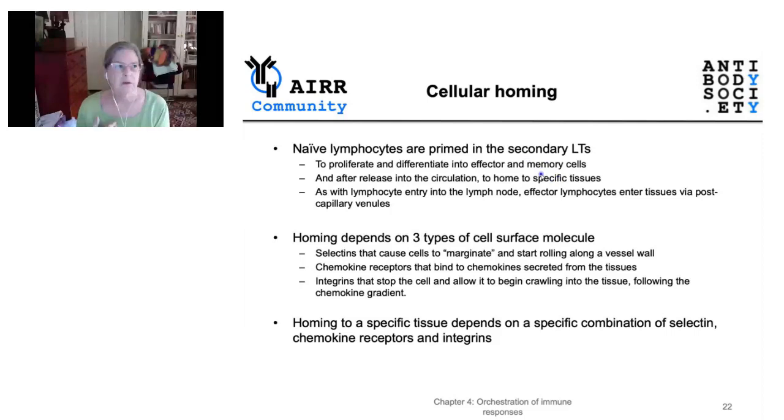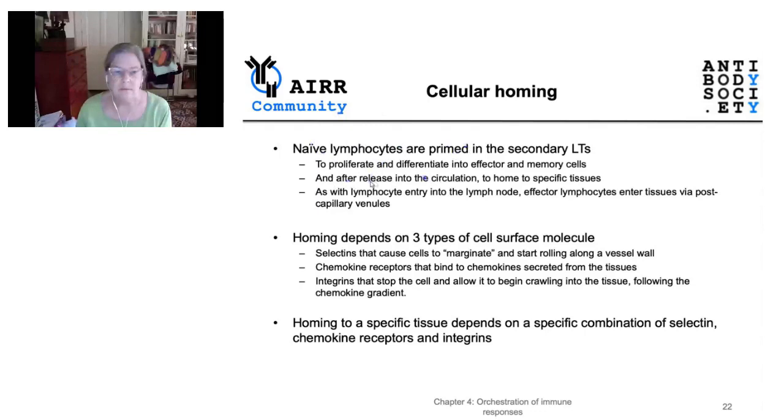If you were talking about allergy or vaccination, that's kind of experimental in a way. So it's priming. These naive lymphocytes, whether they're a B cell, a T cell, a CD4 or CD8 T cell, have to get primed.